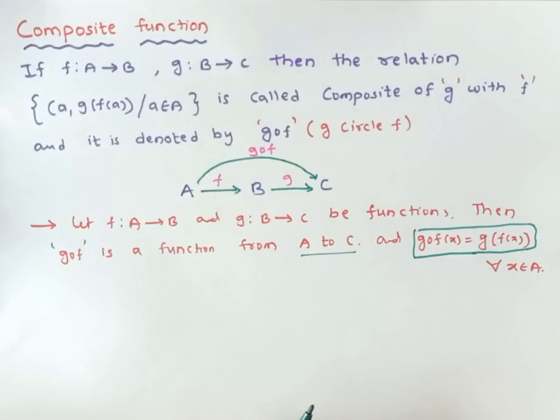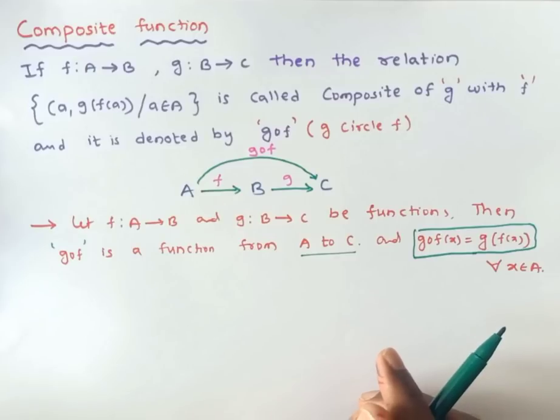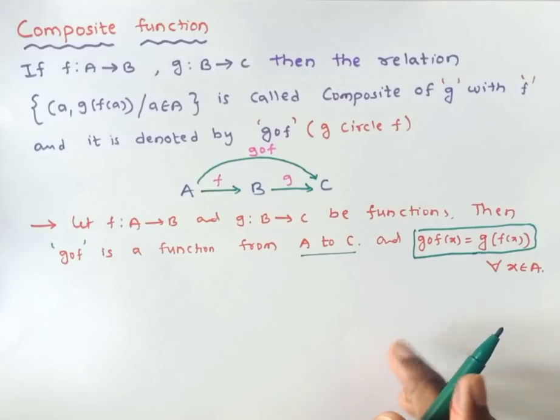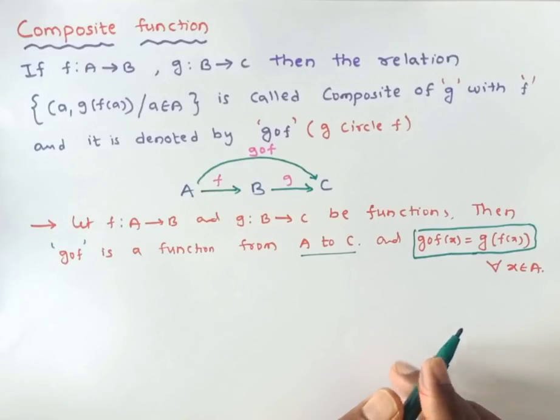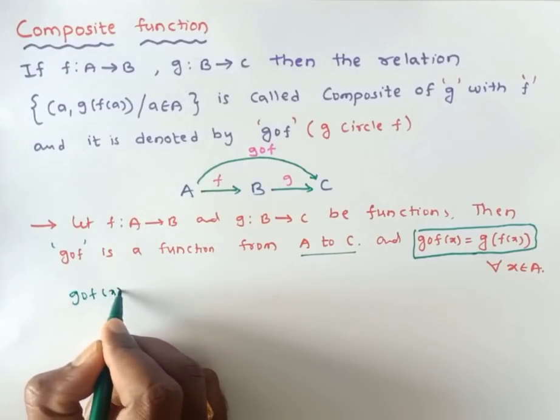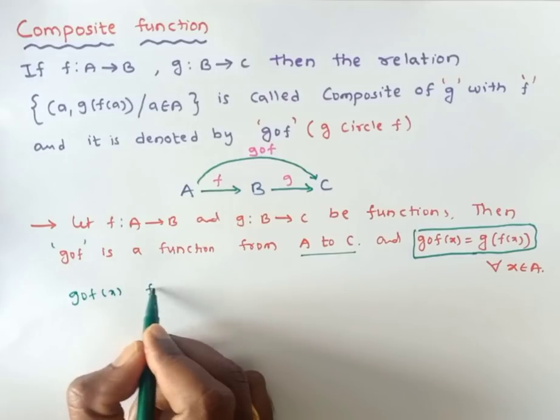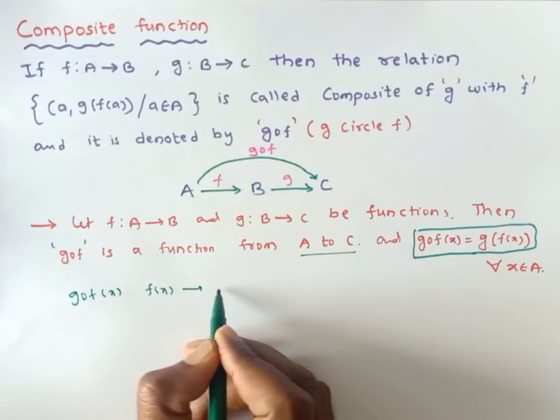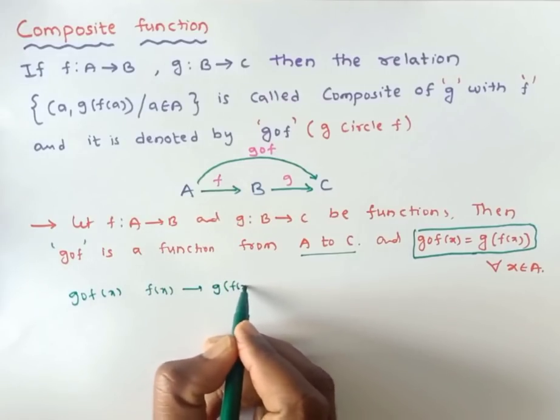And next you need to see how to evaluate the composite function g circle f of x. To find g circle f of x, first you need to find f of x, then secondly g of f of x.